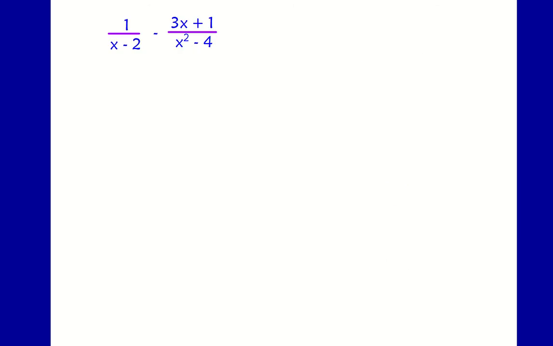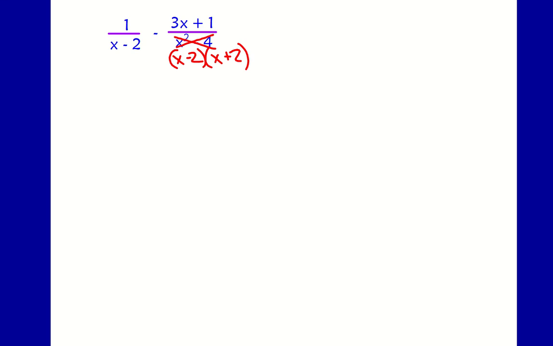Moving along to our third example. Again, I want to factor each piece that is unfactored. In this case, I'm not going to rewrite the entire thing. I'm going to notice that x squared minus 4 will factor into x plus 2 times x minus 2. So I'm just going to cross that out and write that right underneath it to save myself some work.